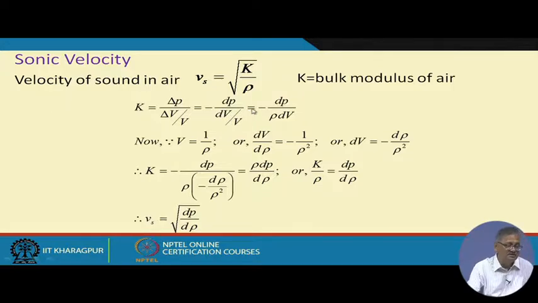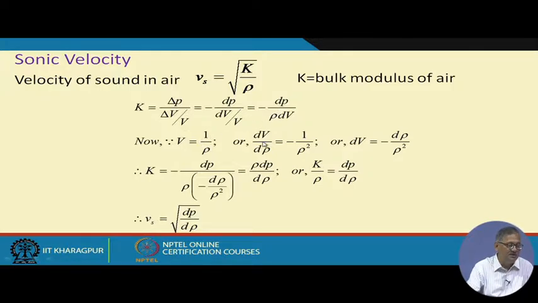So this 1 by V can be substituted as rho, and we make it minus dP over rho dV.